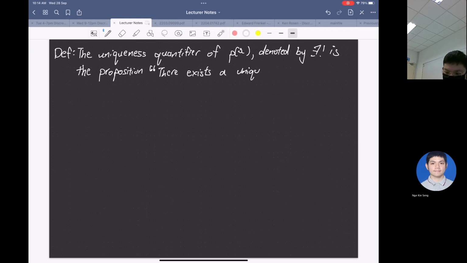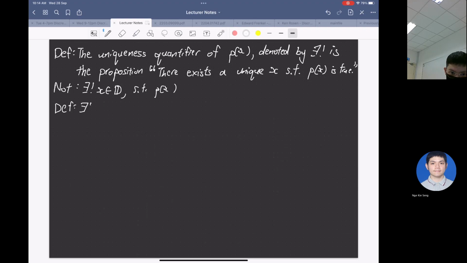So there's a unique one, only one, just one. The notation we will write is there exists a unique one, C, D such that, and we will call it a uniqueness quantifier.